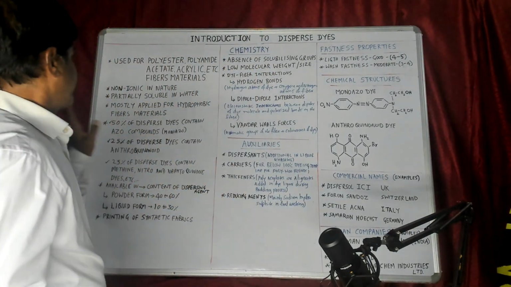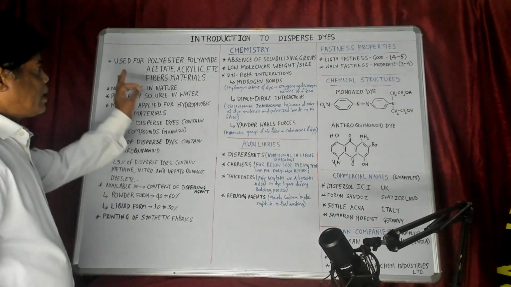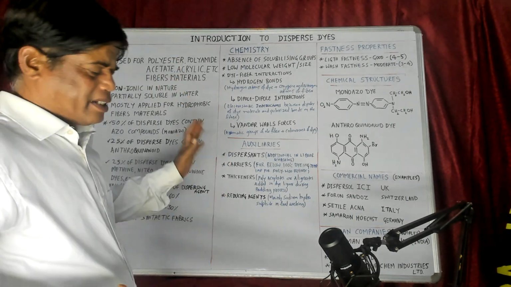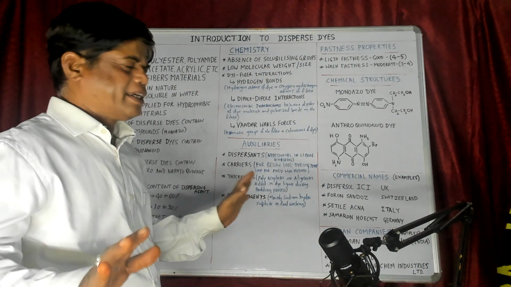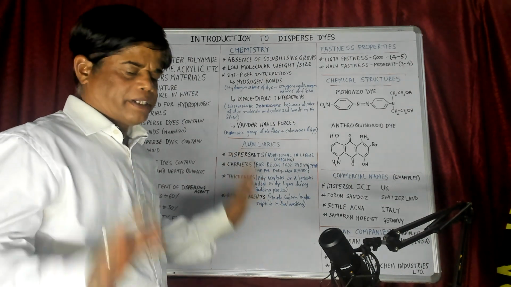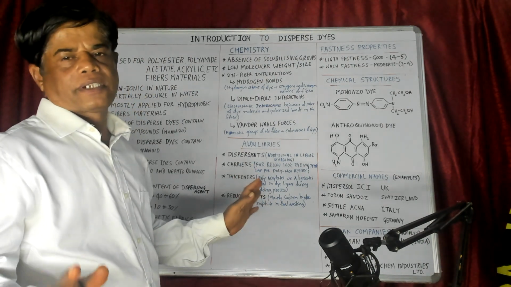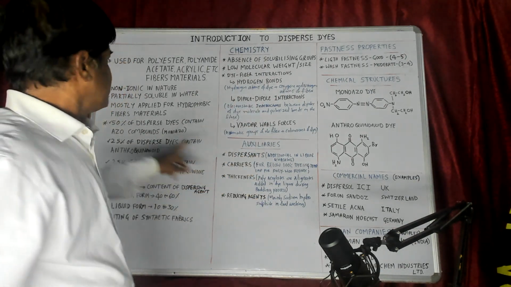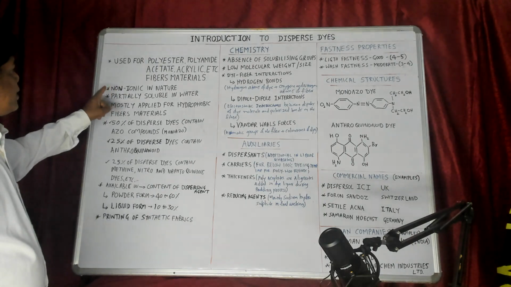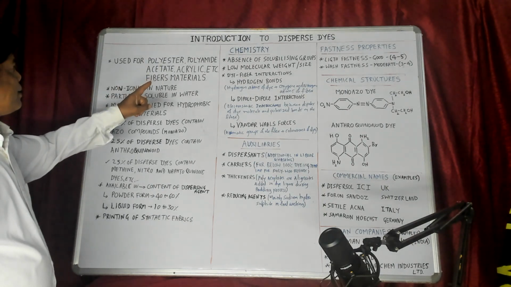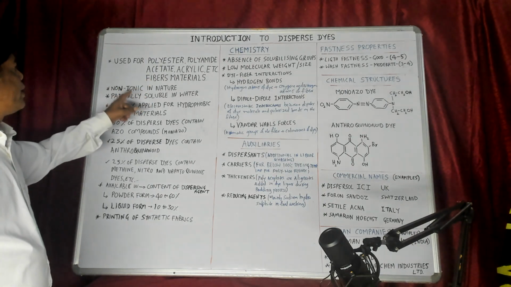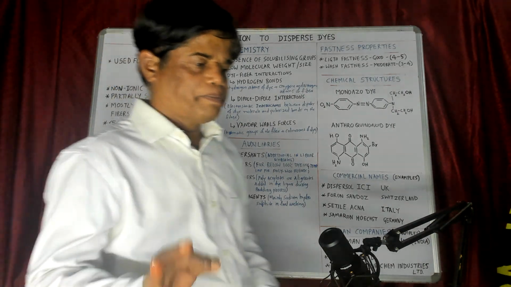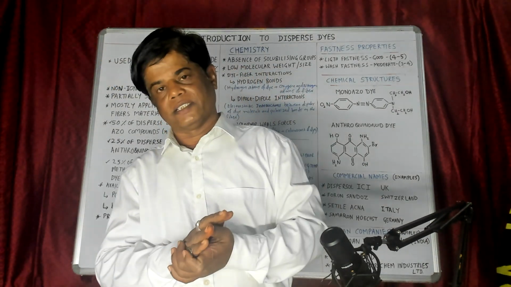Now friends, we'll come to the simple story. We can study disperse dyes, or any chemistry, in depth, but for one class I'm covering it here. This is disperse dye, and it is non-ionic in nature. What is meant by non-ionic in nature?